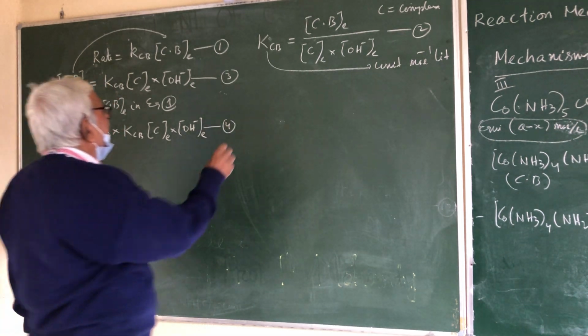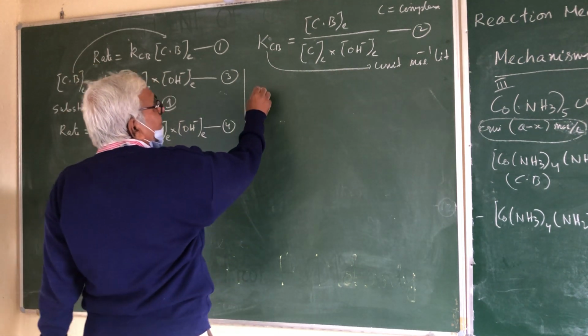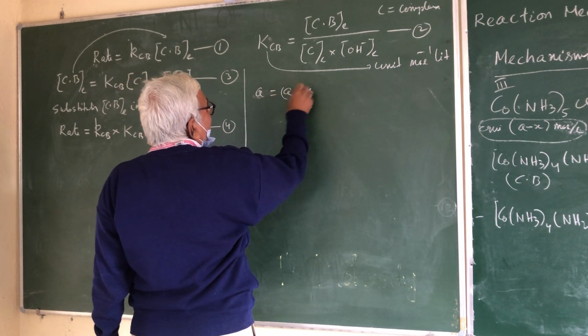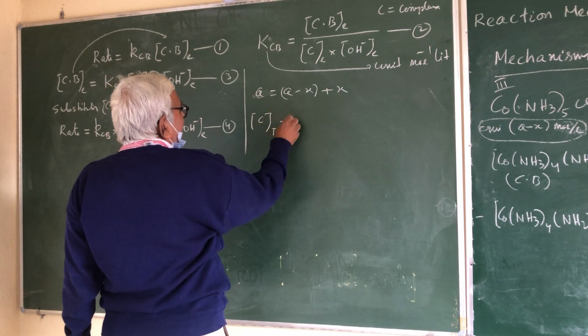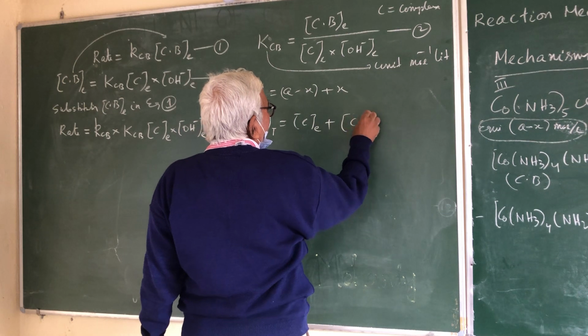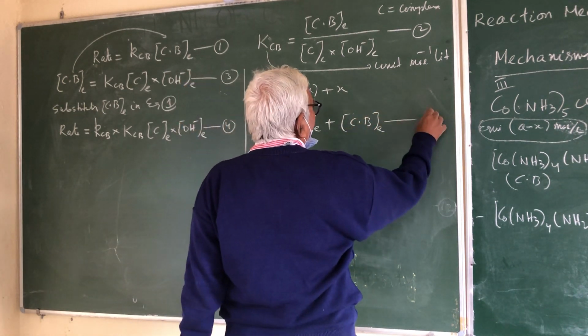Now, like the earlier situation, we can write A equal to A minus X plus X. That means complex total is equal to complex equilibrium plus conjugate base equilibrium. Equation 5.